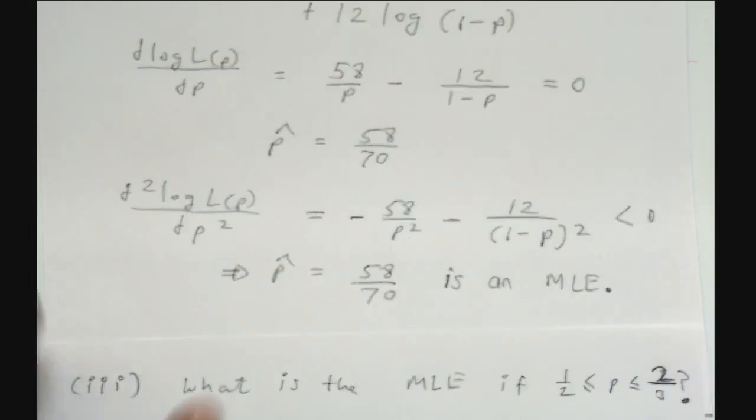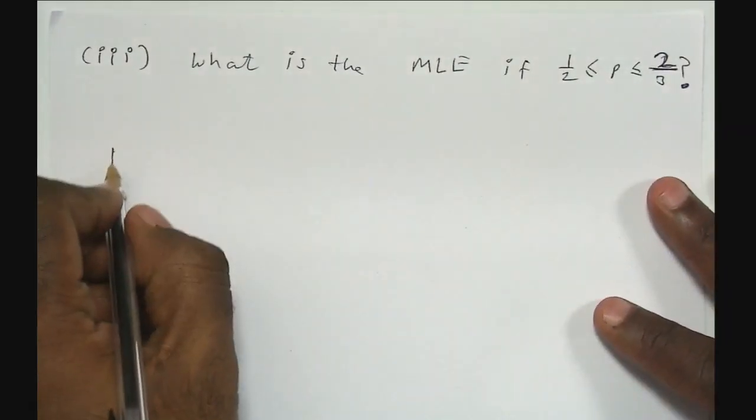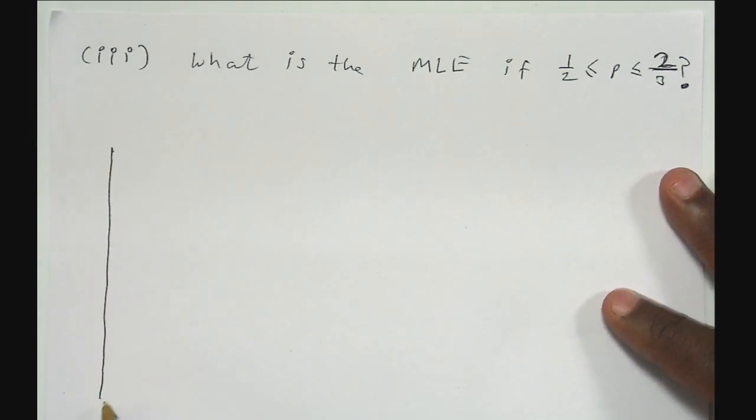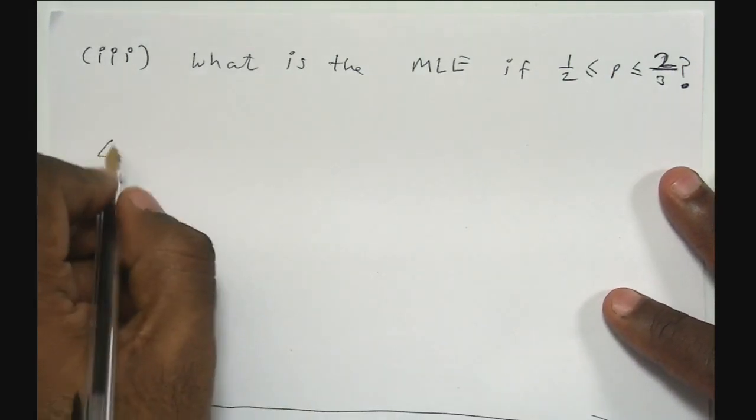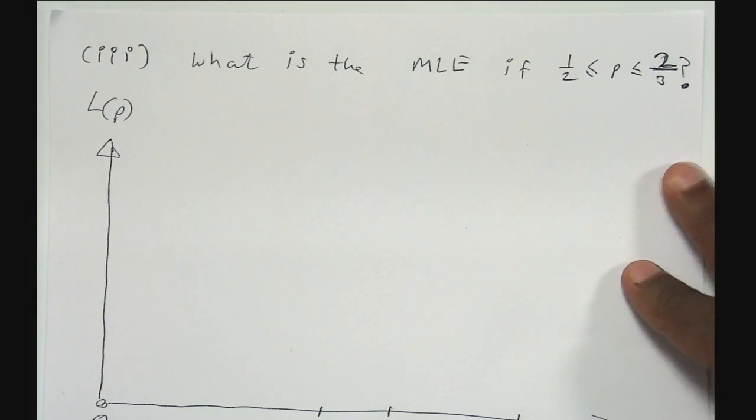So what you need to do, guys, is to plot L of P versus P. Suppose this is 0, suppose this is 1, suppose this is half, suppose this is 2/3.